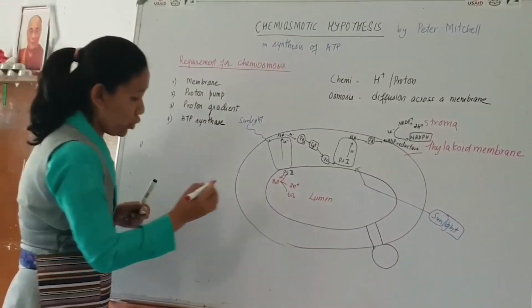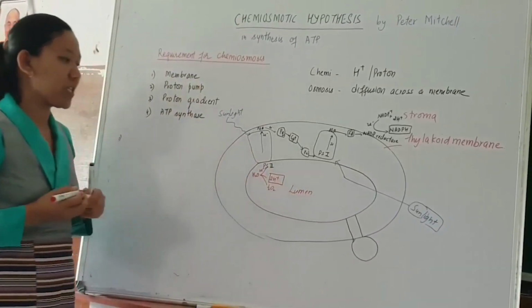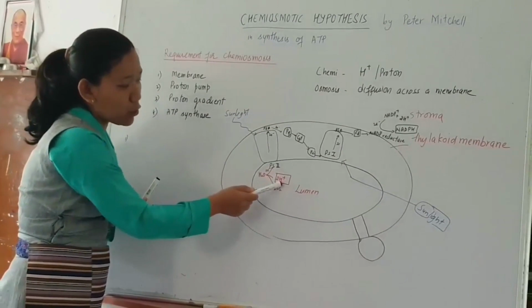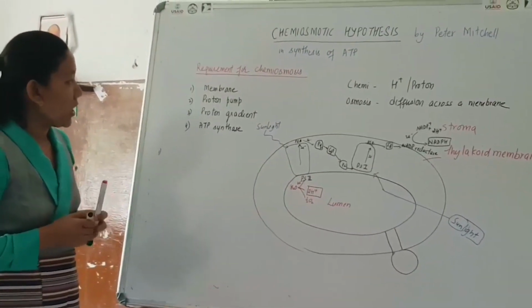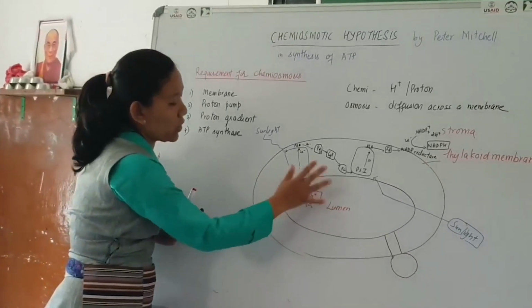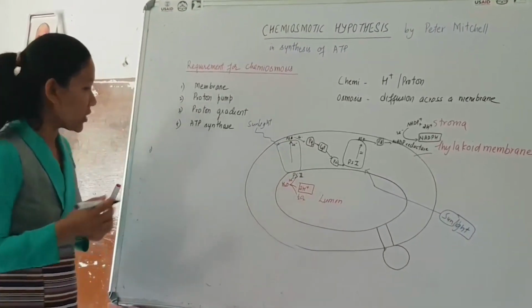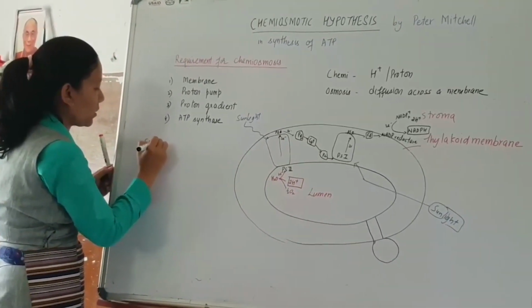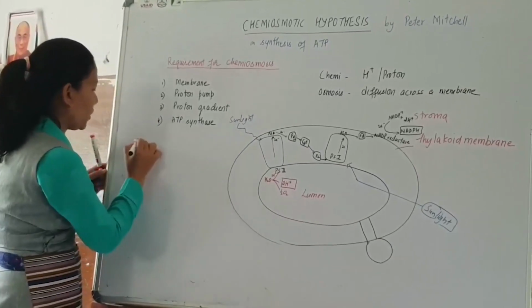So you can see that water splitting occurs towards the lumen side, thereby adding protons inside the lumen. So this is one way by which the plant creates more proton concentration inside the lumen. You can just write photolysis.